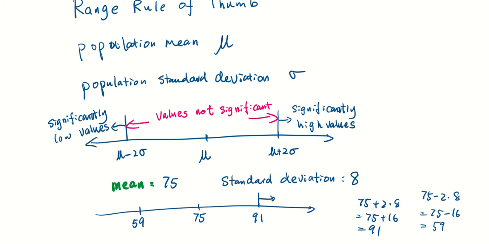So in this case, any values above 91 is called significantly high value. And any value that's below 59, it's significantly low. And if you score between 59 and 91, those are scores that are not significant.